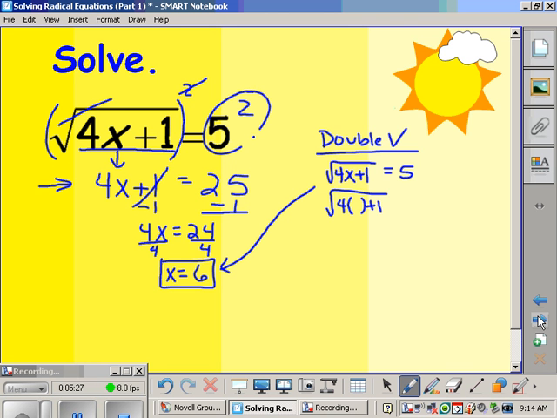So in place of the x, we're going to put 6, and we're going to calculate the left side of the equal sign and see if it comes out to 5. So under the radical, 4 times 6 is 24, plus 1 gives us radical 25. And since the square root of 25 is 5, we've just confirmed that our answer for x is correct. The answer is 6.